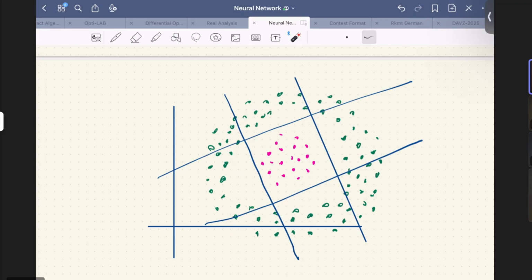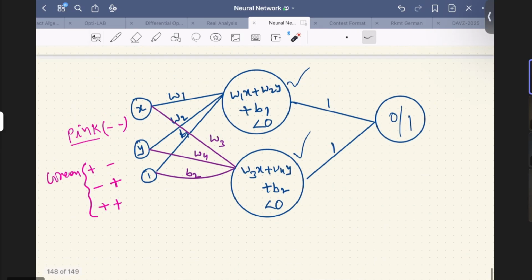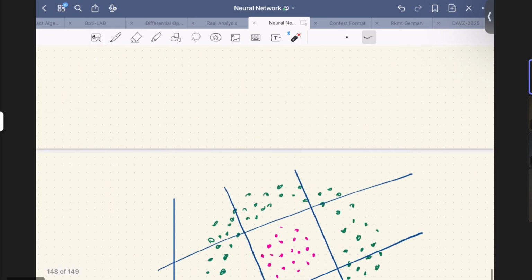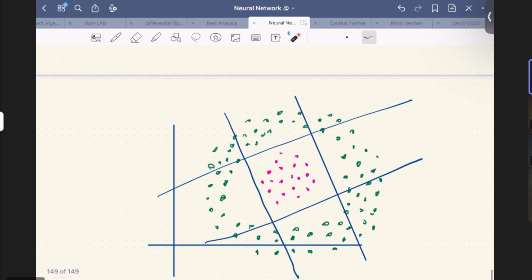My strong suggestion for all of you who want to know eagerly what is actually happening: I would like to discuss how these weights and biases W1, W2, B1, W3, W4, B2 are being decided such that they form the regions. You should feel it.